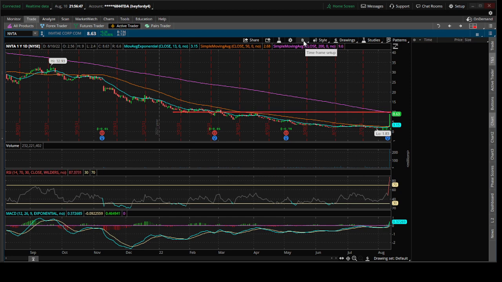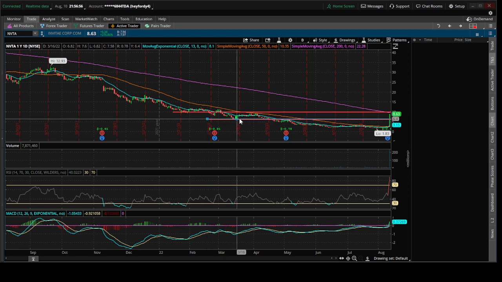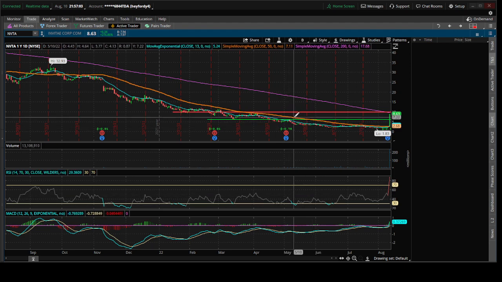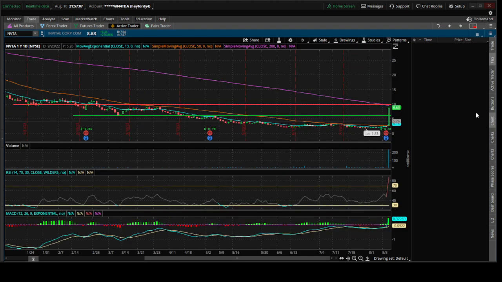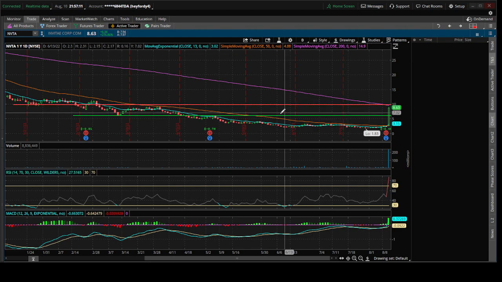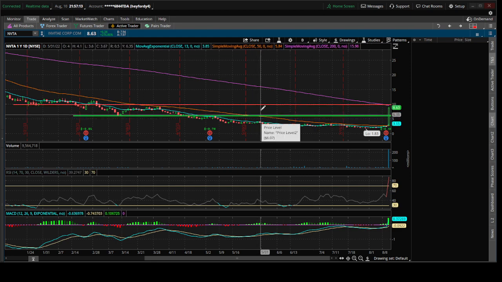Below that, the $6 area, 6.07, was an area of support at one time. Let's highlight that in green to make it very clear. These are the two areas I want to focus on more than anything. Again, resistance at this 9.50 to $10 area, and support down here at about $6 even.